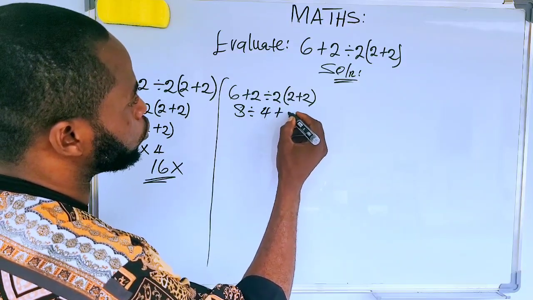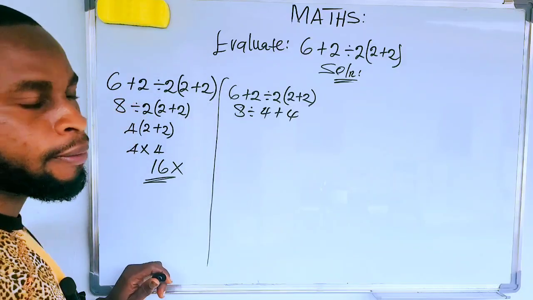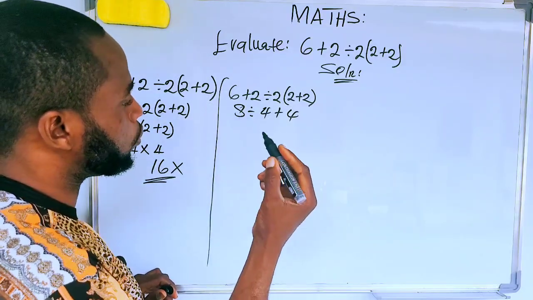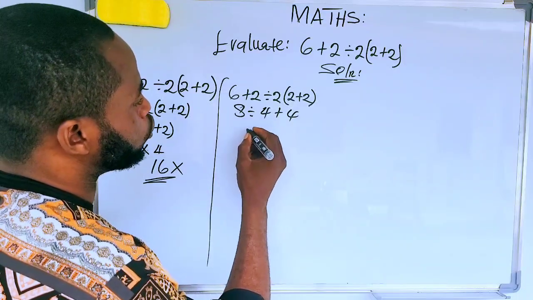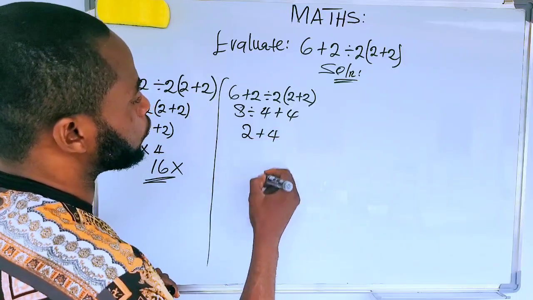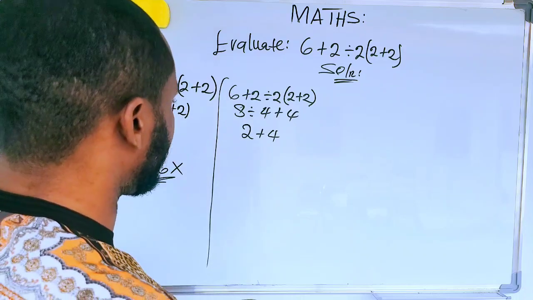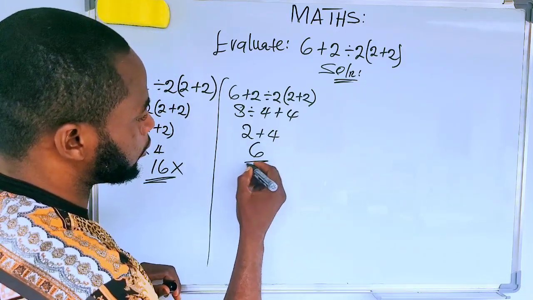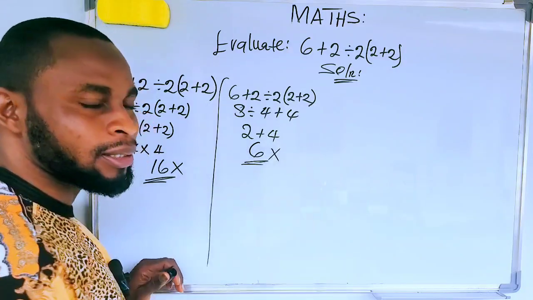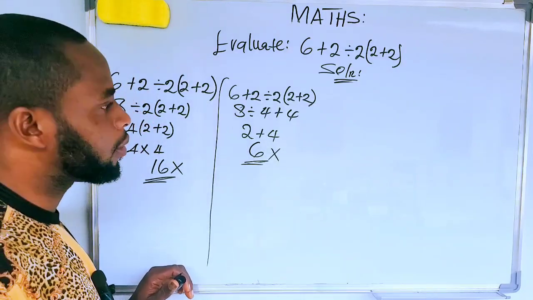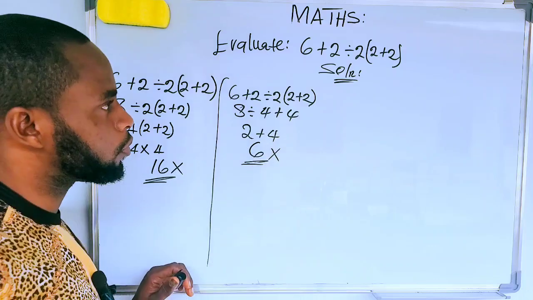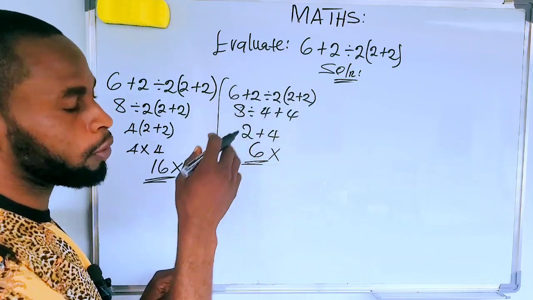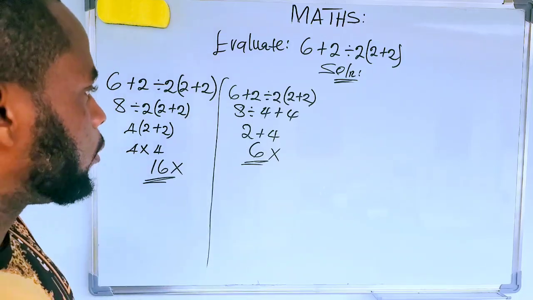Then 2 times plus 2, that still gives 4. Then here, we have 8 divided by 4, that will give 2, plus 4. Now, 2 plus 4, that will give 6. But this answer is still wrong. Therefore, this is still a wrong approach of evaluating this.